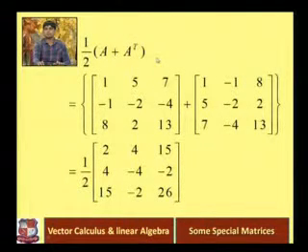Now we find the matrix P, the symmetric matrix, which is given by the equation 1/2 (A plus A transpose). We find 1/2 of A, which is given here, plus A transpose, which we found in the previous slide.